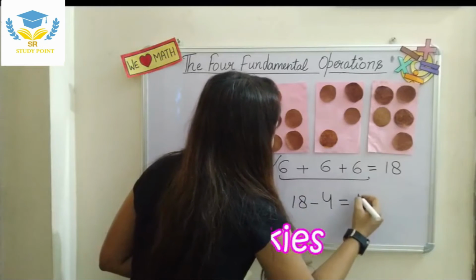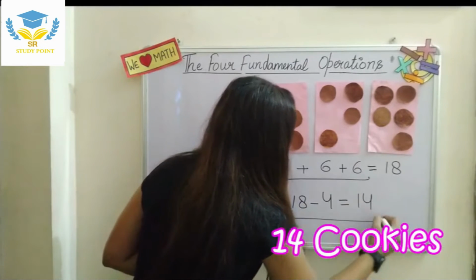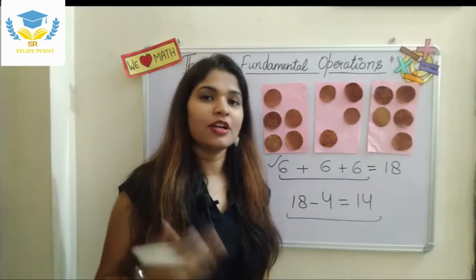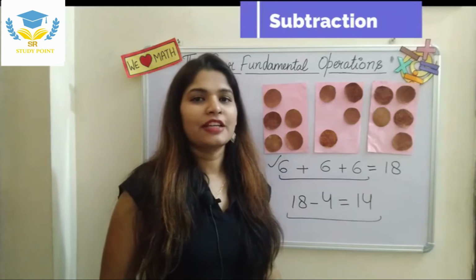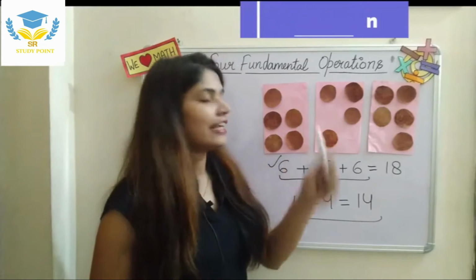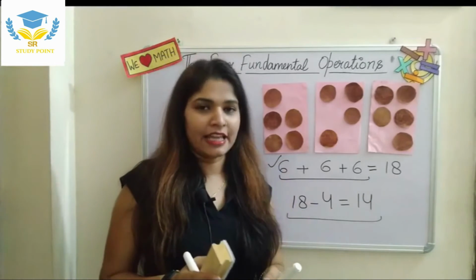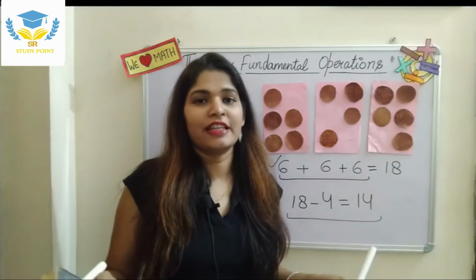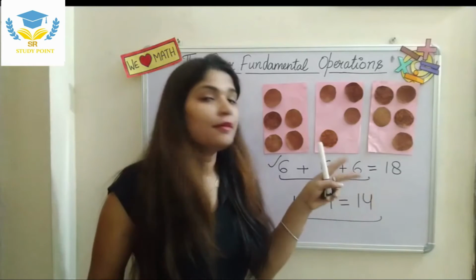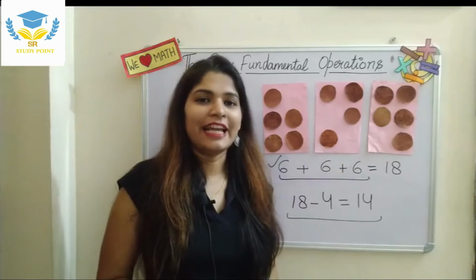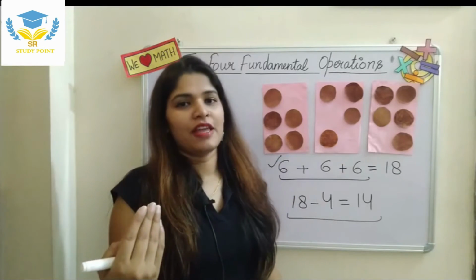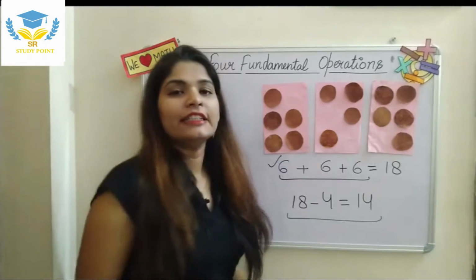We are left with 14 cookies. So yes, this is the next operation, that is called subtraction. In addition we are putting things together, and in subtraction we are keeping away the things. So this is the backward addition. That means in addition we are joining the things, and in subtraction we are taking away the things. So this is called subtraction.